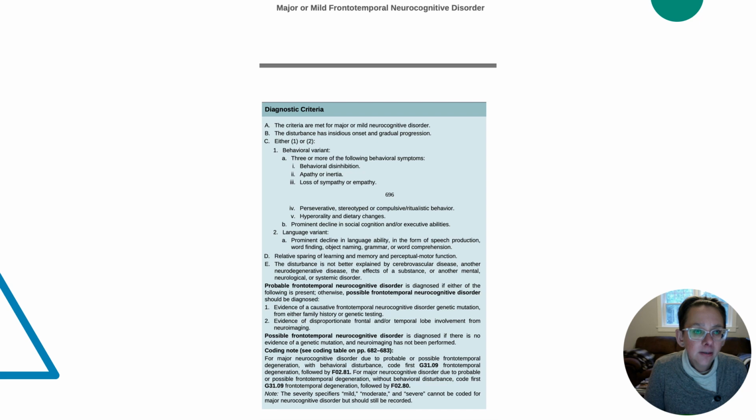And then major or mild frontotemporal neurocognitive disorder. See how it's different than the Alzheimer's one? So be aware, read through these. There's a lot of them. Just read through them. I'll kind of skip through because you have the ability to read. The biggest with the frontotemporal neurocognitive disorder is behavior inhibition.